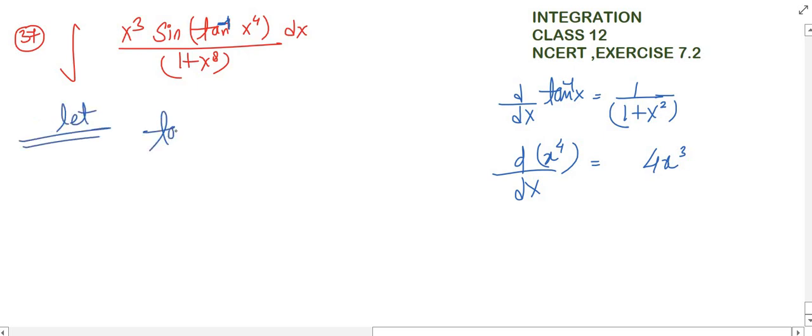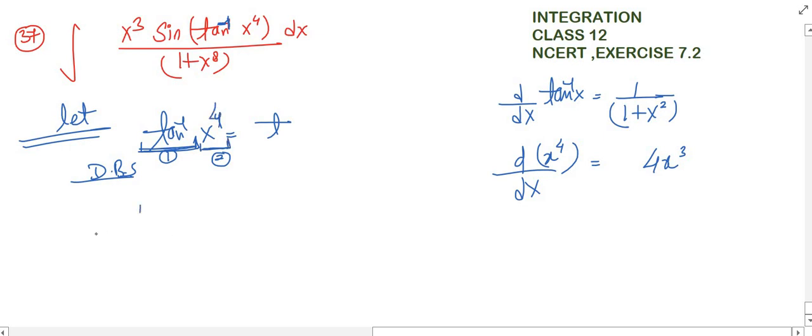Let tan inverse x raised to power 4 is t. Now differentiate both sides. So we will use a chain rule, correct? So first we will differentiate this and then this by chain rule. First derivative of tan inverse and then derivative of x raised to power 4.